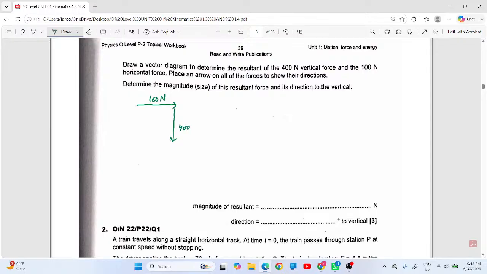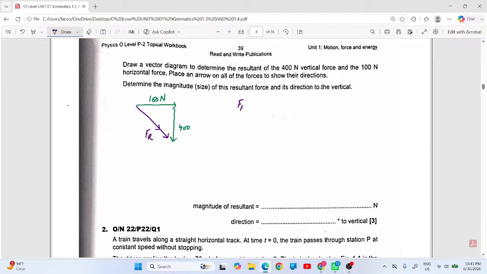So next is, और इसके अलावा क्या है? Place an arrow. So resultant force आपके पास क्या आएगी? This is the resultant force, and we use Pythagoras theorem.